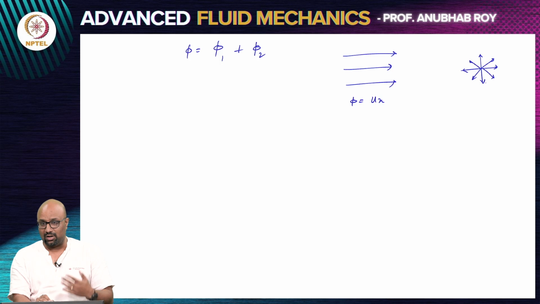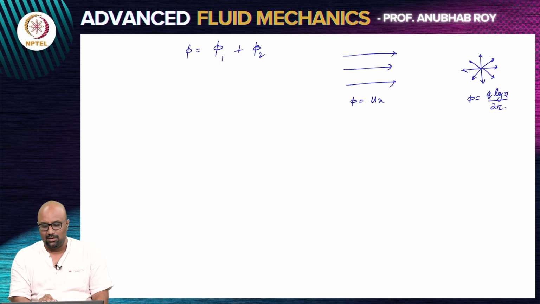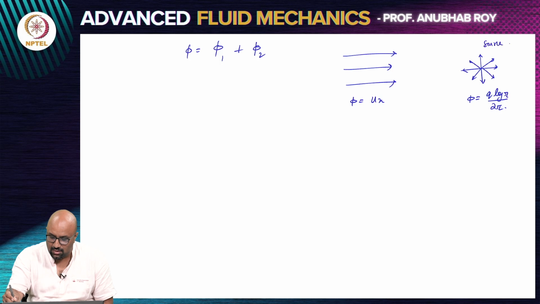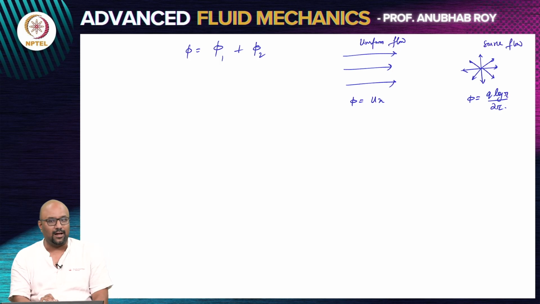So, we have a potential which is u times x, and another potential which is proportional to log r. This is a source flow, this is uniform flow. Now, what should the superposition look like?